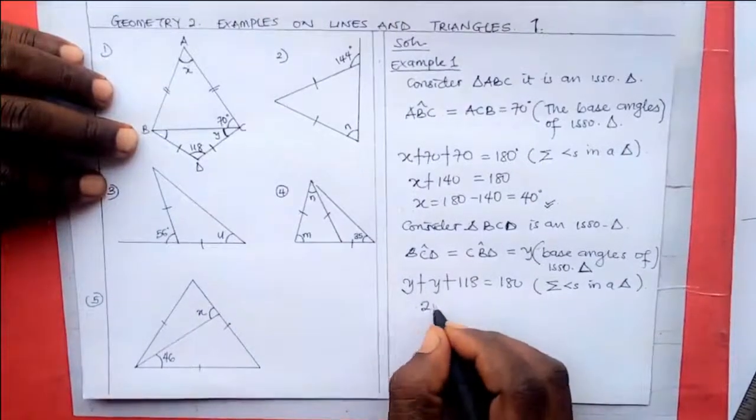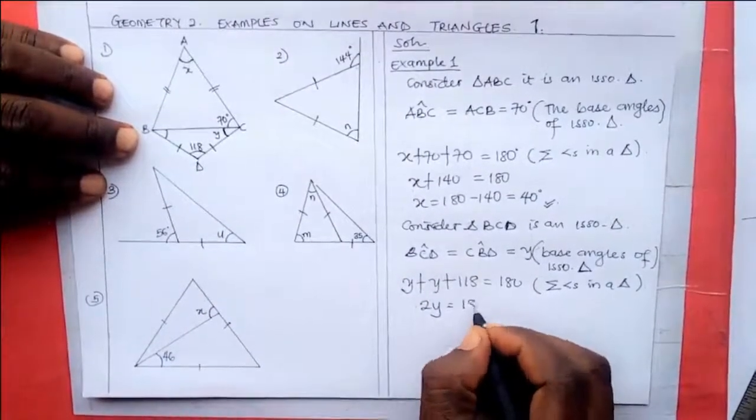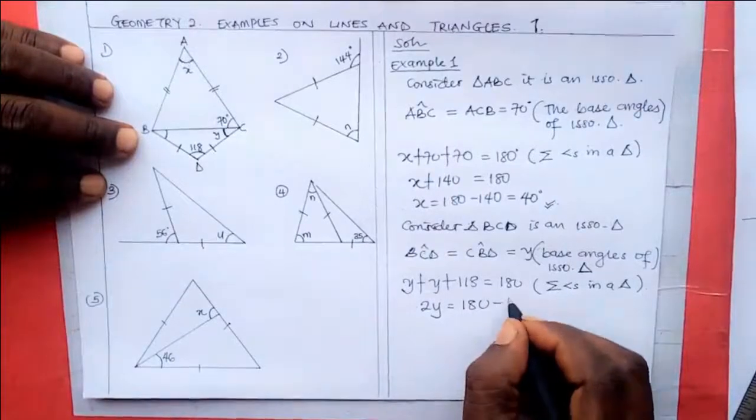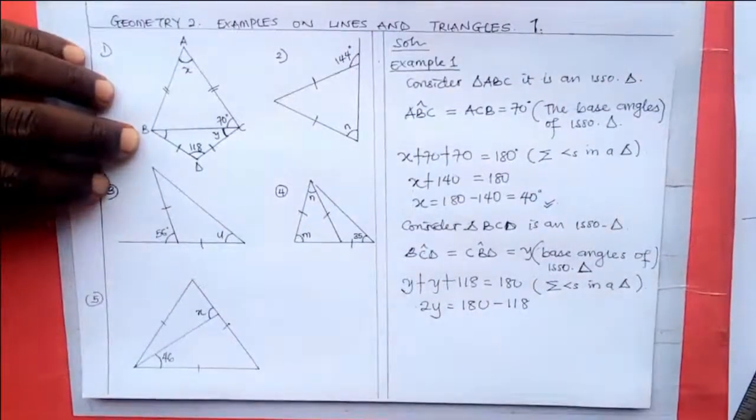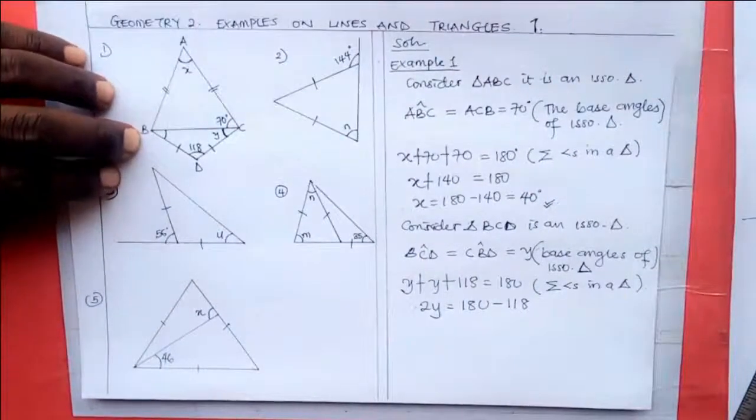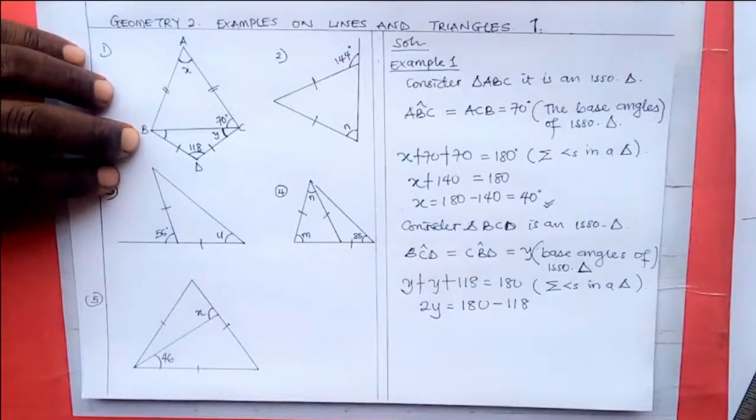So I have 2y equals 180 minus 118. So when you press your calculator and subtract that, you have it to be equal to 62.